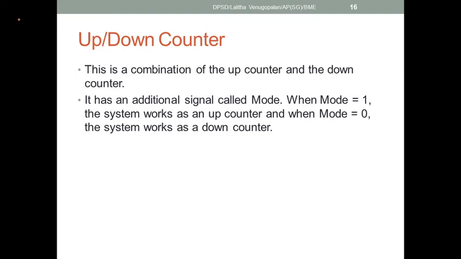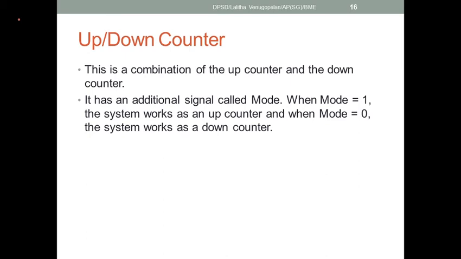So if I use the same circuit and have an additional input called the mode signal, and I design my circuit in such a way that if mode is high or mode is 1, then the system would work as an up counter, and if mode is 0, then the same system would work as a down counter. Right? So I can use the same JK flip-flop logic and then develop a bidirectional counter.